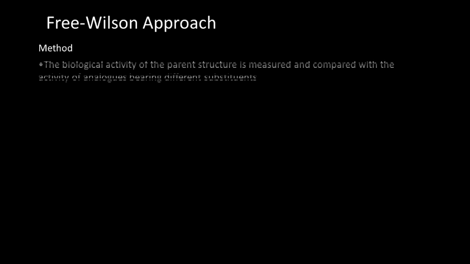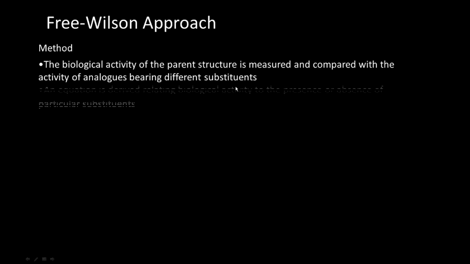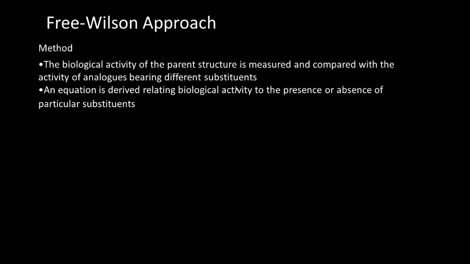Okay. Then there is something called the Free-Wilson approach. The biological activity of the parent structure is measured and compared with the activity of analogues bearing different substitutions. Okay, that's Free-Wilson. So the equation is derived relating biological activity to the presence or absence of a particular substituent.